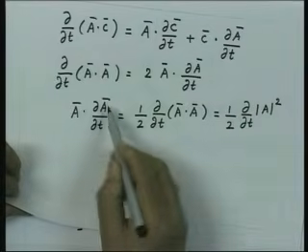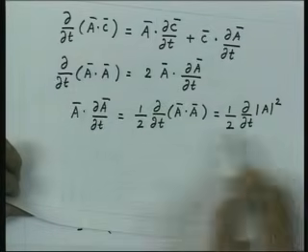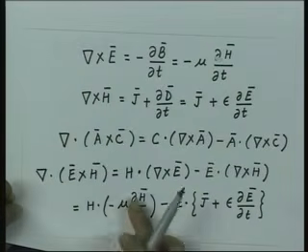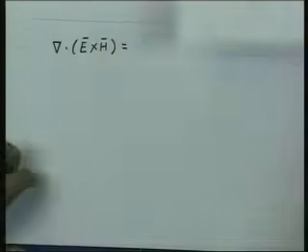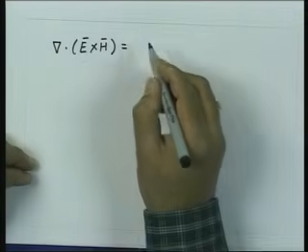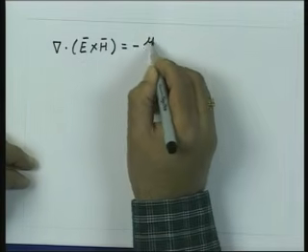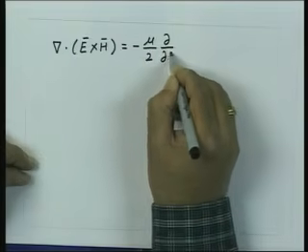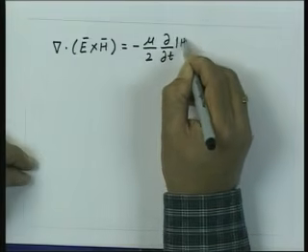that is equal to, from here I am substituting A dot dA by dt, which is half of d by dt mod A square. So, this will become half of d by dt of mod H square. So, this will become minus mu upon 2 d by dt of mod H square.